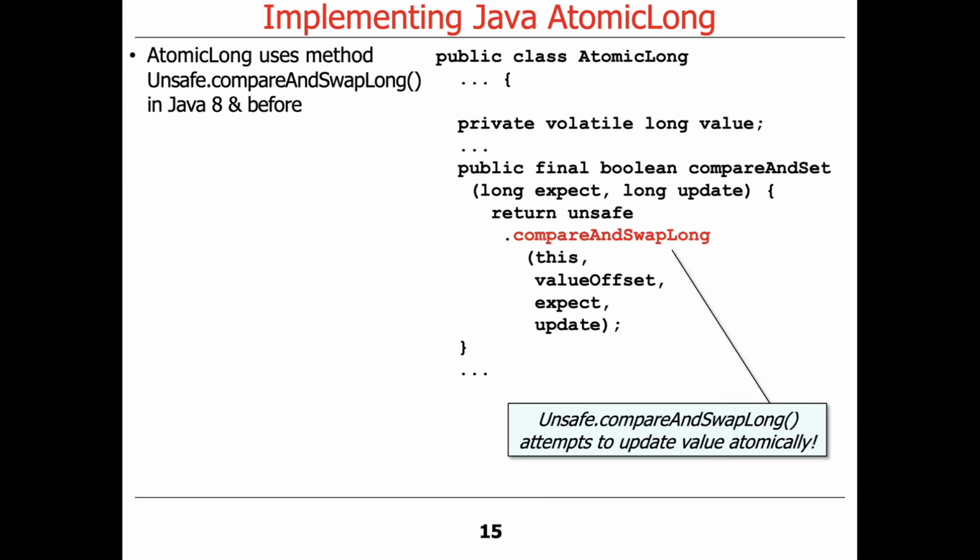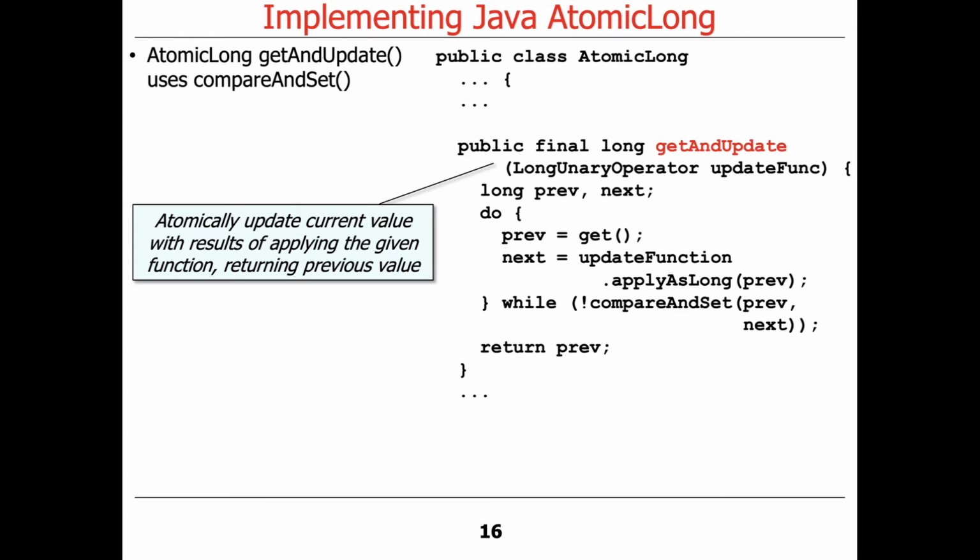And the way it does that is it uses compare and swap long. So you can see it uses this, value offset, expect, update. This of course is the object that we're calling compare and set on. Value offset is that field that I don't show here, but it's the one that keeps track of the offset. And then we pass in the 2 parameters. So again, you can see these layerings that are taking place here to get super efficient code under the hood.